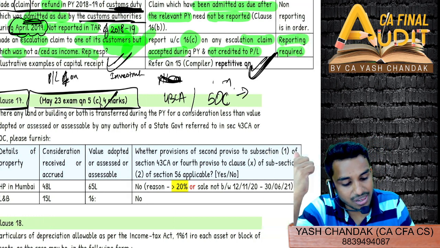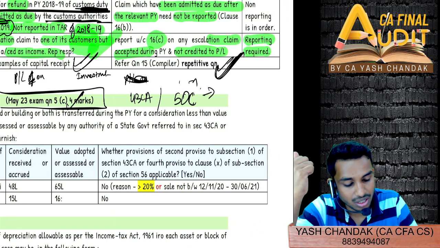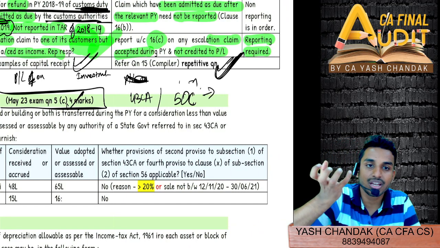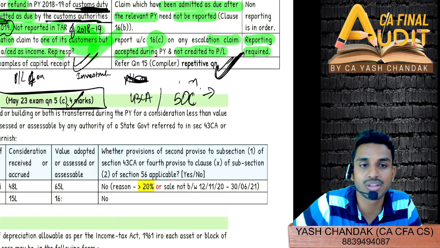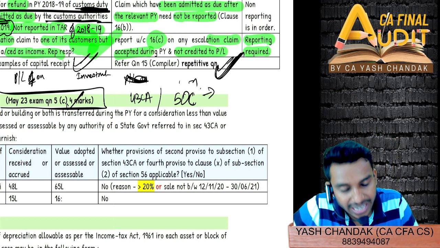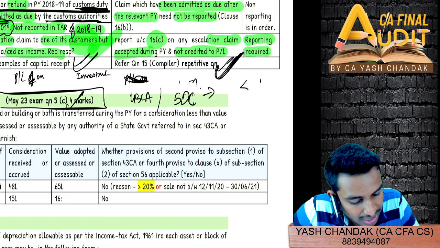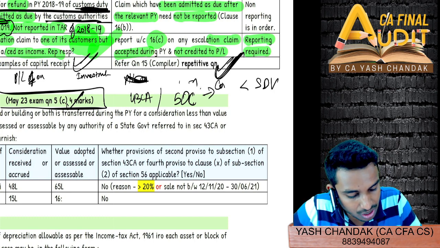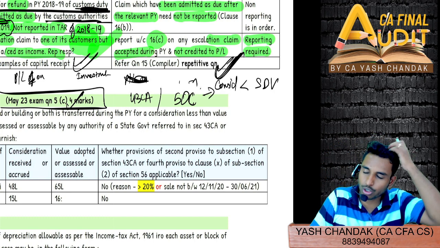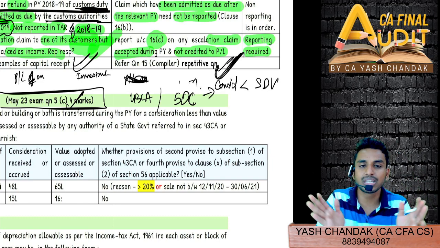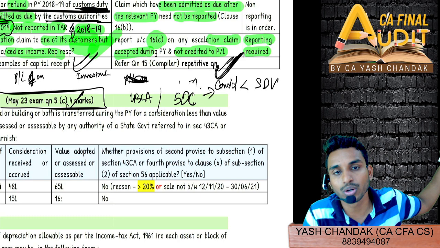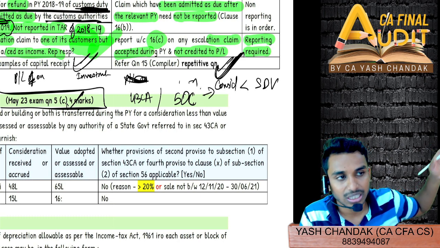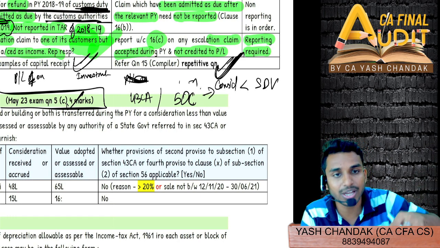Section 50C tells you that in case you are selling your capital assets for a consideration, and your consideration is less than the stamp duty value, what is stamp duty value? For all properties, there is a value determined by the stamp duty authorities, an authority of the state, that this should be the minimum value of the property.